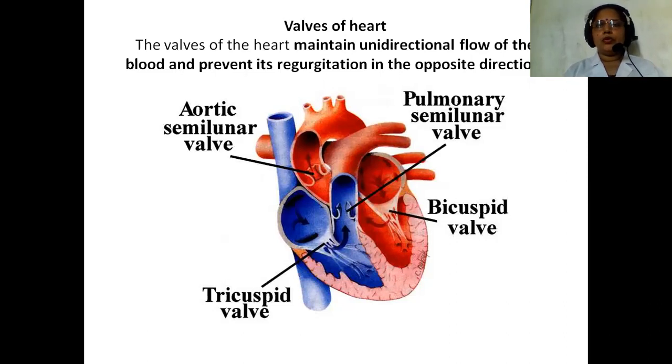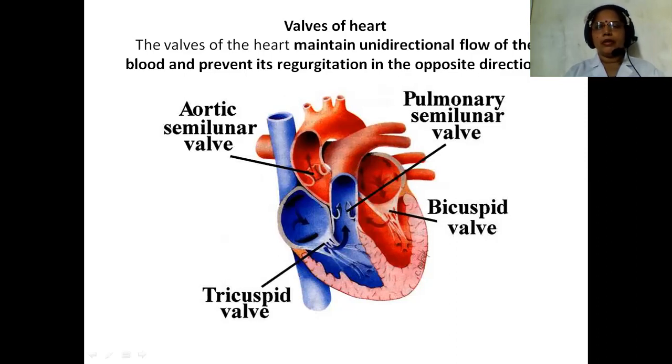First we should know what the importance of the valves of the heart is, and why we are studying them. What is the clinical importance of this valve of the heart?